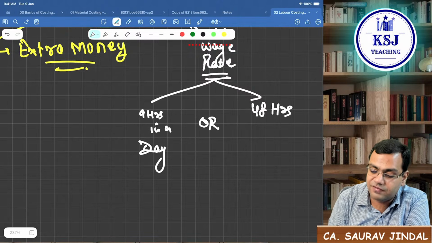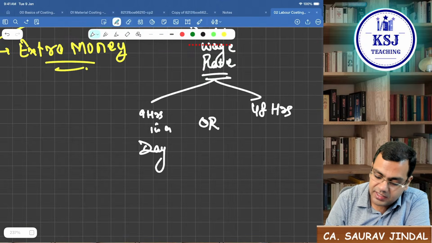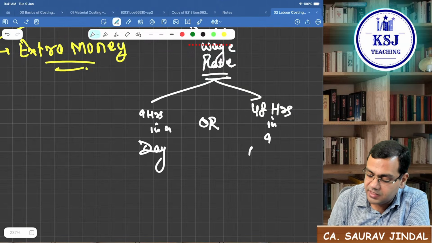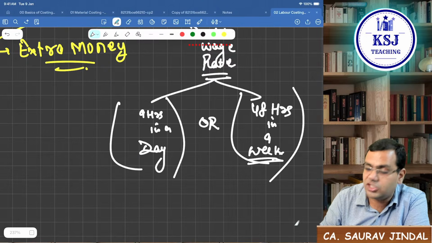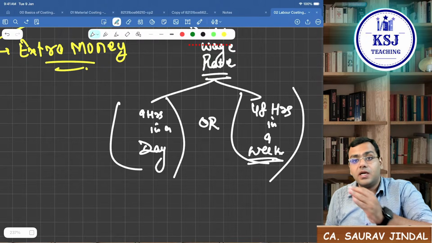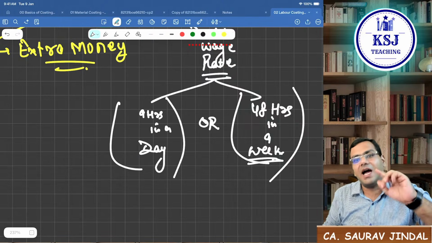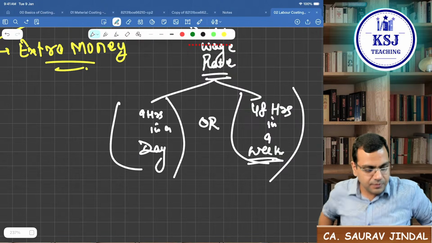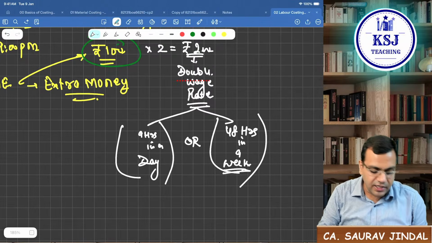If any one of these conditions is satisfied, the worker is entitled to overtime at double the normal wage rate. This is what the Factories Act 1948 says.